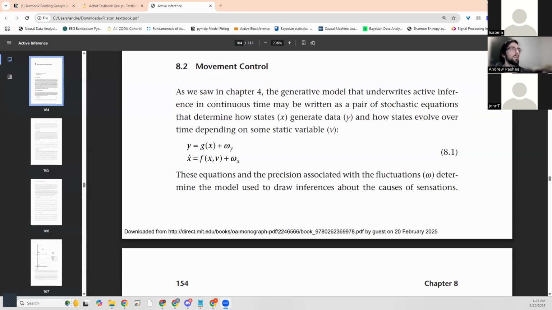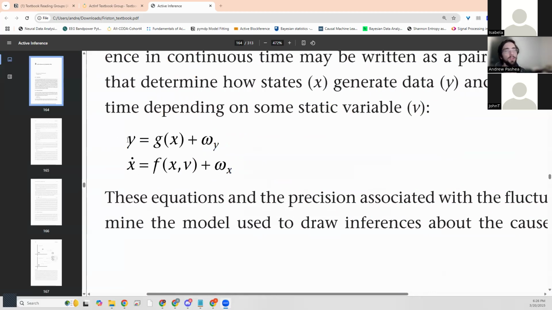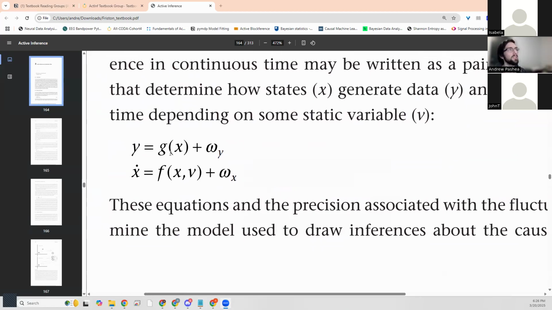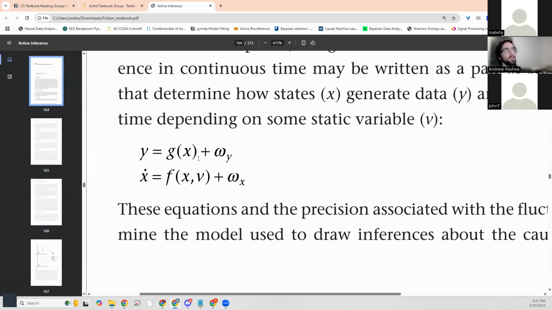These are my words, not the author's words, of course, but if you think about the A matrix in the discrete state space case in chapter 7, and how it relates hidden states to observations, then we have something like a relationship here in this generative model that relates the two.